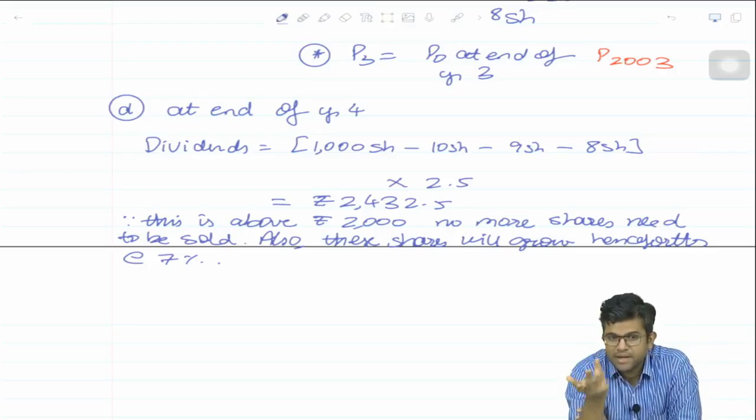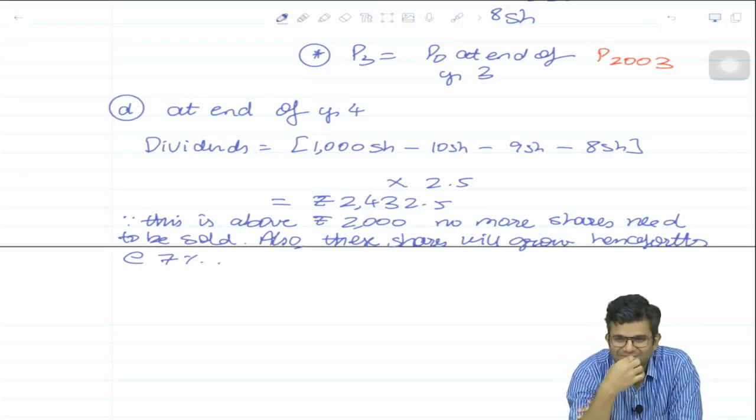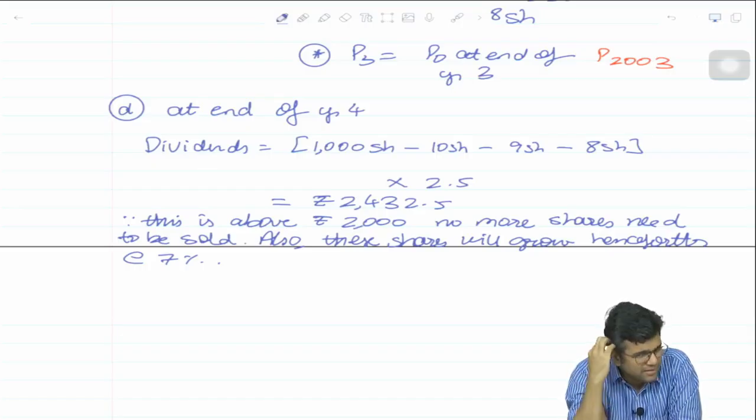Krishna, I did not understand anything. Full bouncer. If project is not taken, then why will shares reduce? But you will not sell shares, no? If project is not undertaken, you will get your dividends every year.